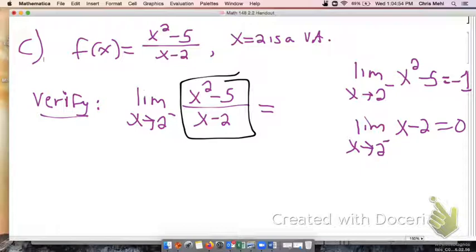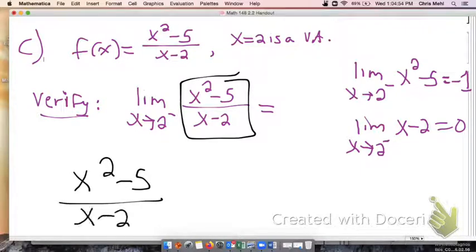So I know this limit's going to be plus or minus infinity, but now how does x squared minus 5 over x minus 2 compare with 0 if we're approaching 2 from the left, x is less than 2?